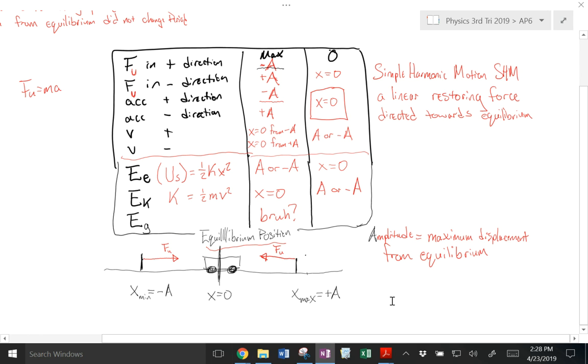What's kind of going on here? Take a moment with your neighbor and talk about similarities between this and the string mass oscillation.